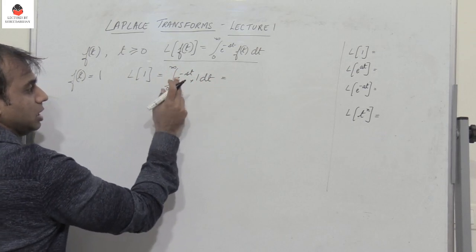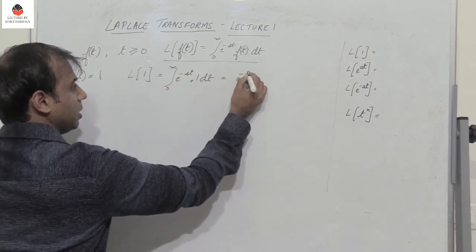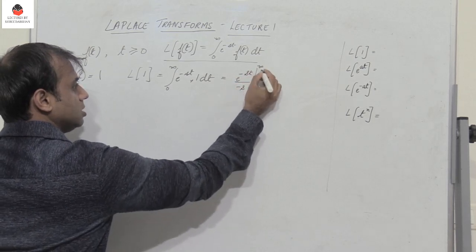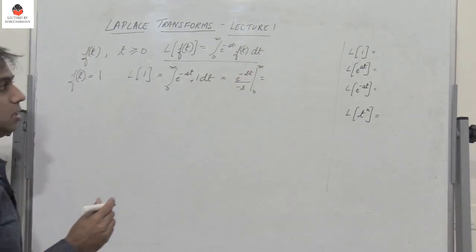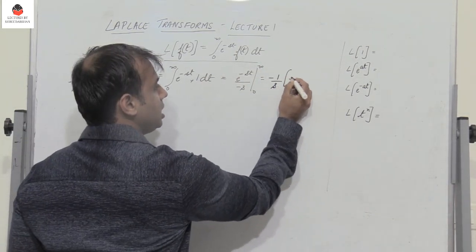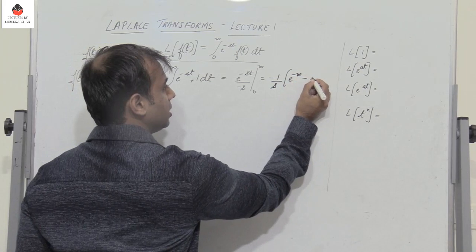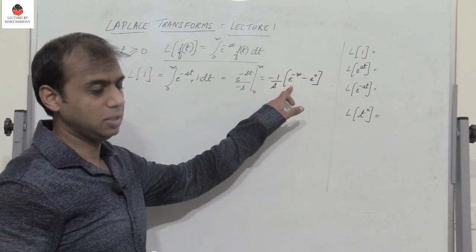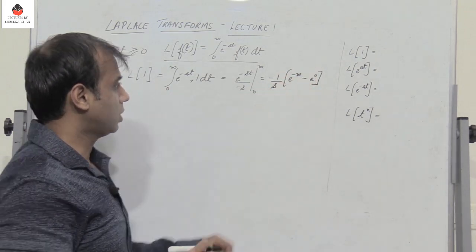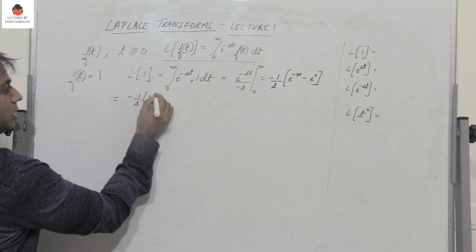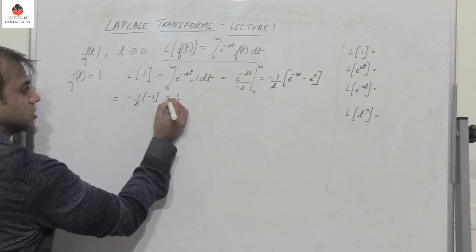So I have to integrate e power minus st, which is e power minus st divided by minus s within the limits 0 to infinity, right? So this is minus 1 by s into e power minus infinity minus e power 0. Now we know that e power minus infinity is 0 and e power 0 is 1. So we get this as minus 1 by s into minus 1, which is equal to 1 by s.